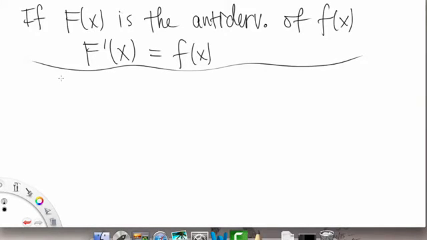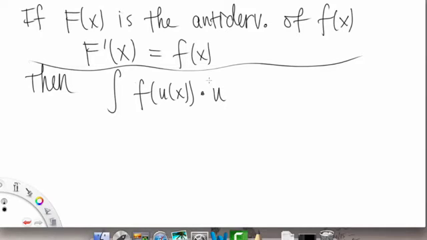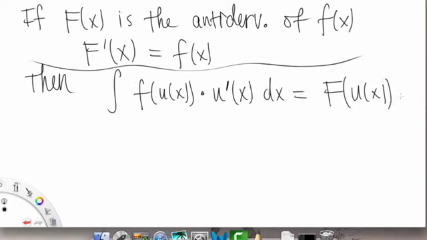Then we have the integral of f of u of x multiplied times u prime of x dx is equal to capital F of u of x, plus c. Here we see something like what happened in the last example. This u of x is our inside function, because it's inside this outer function f.